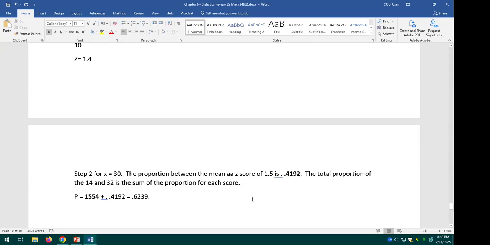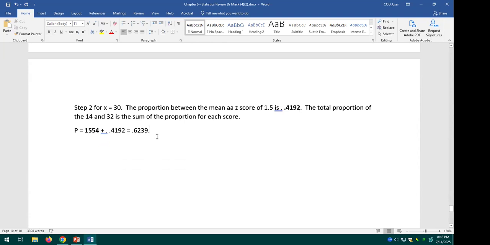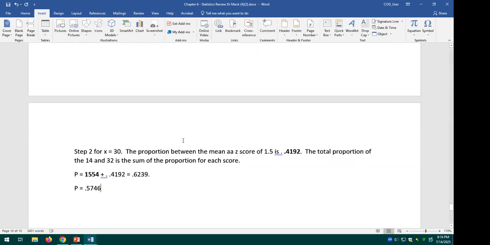We add those two together. Probability is equal to 0.5746. And that's the end of that worksheet.